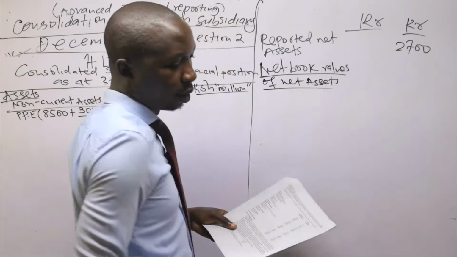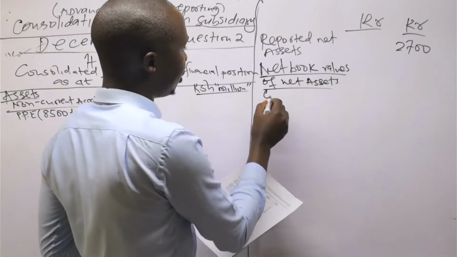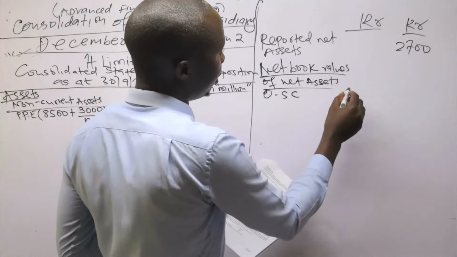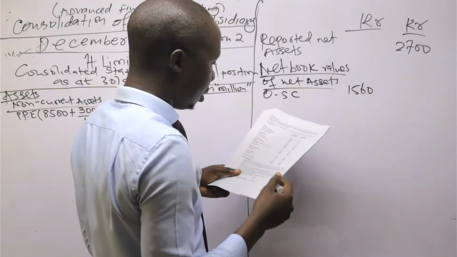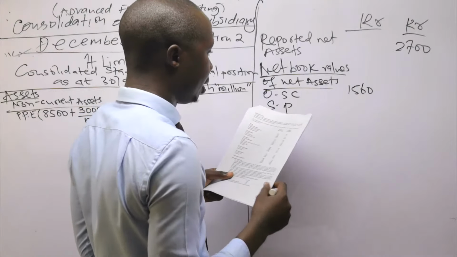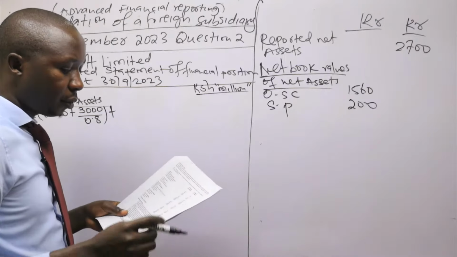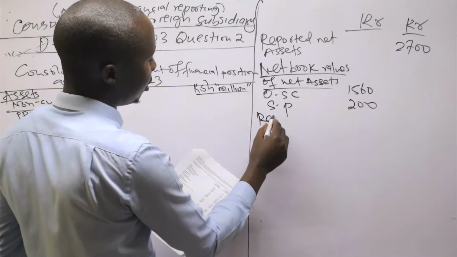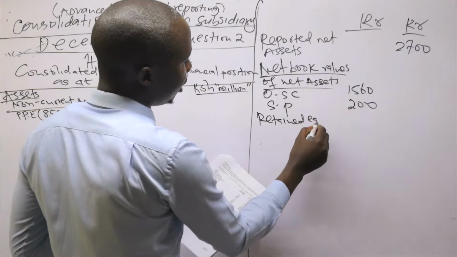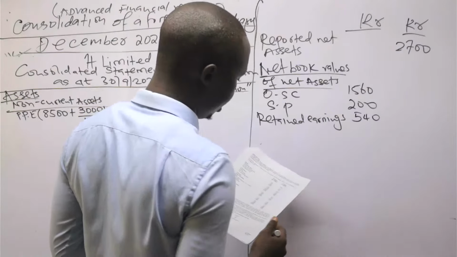So if you look at the statement of financial position, we have ordinary share capital stated at 1560. We have share premium, stated at 200. And then we have the retained earnings. Remember you use the one at acquisition as per note 1, it's 540.